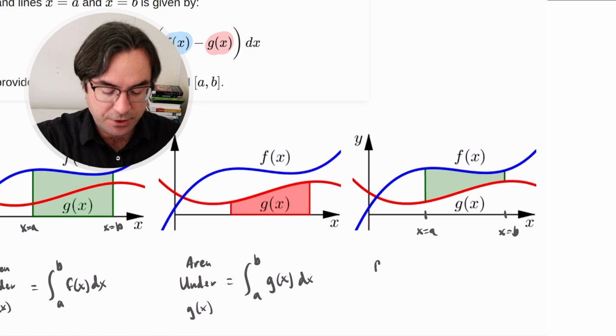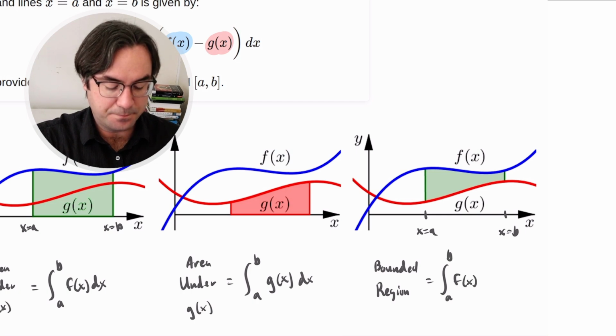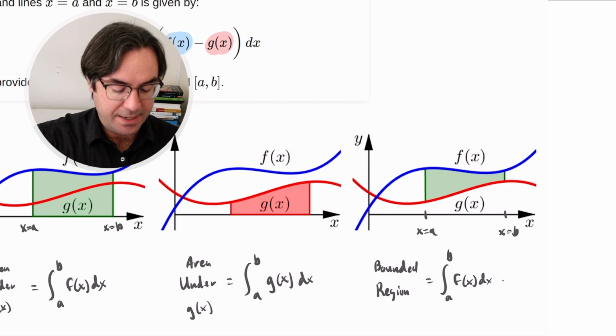So this bounded region that we're interested in is going to be the area under curve f minus the area under curve g.